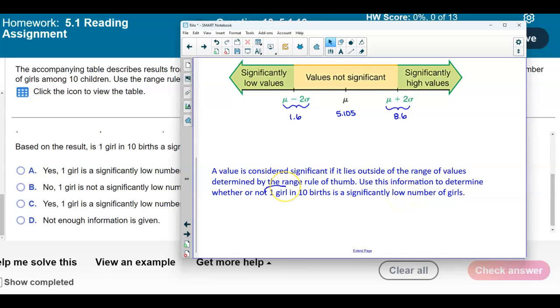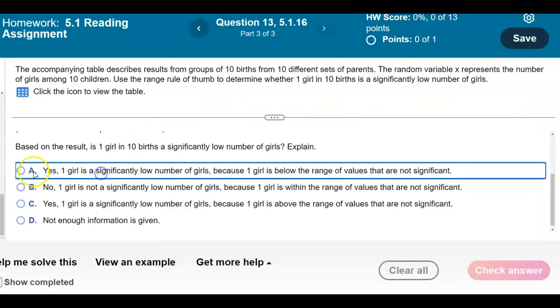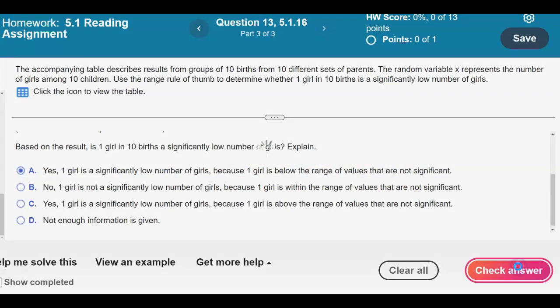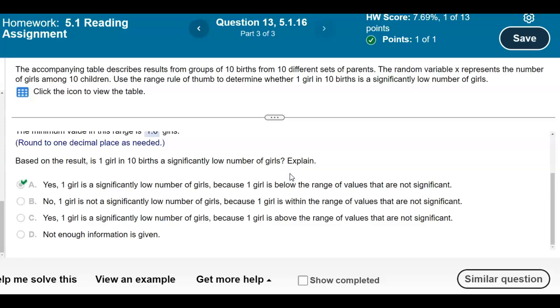Well, this 1 girl is going to be below that value. And so it's below the values that are not significant, and it's below this value here of 1.6, so it's a significantly low value. So we would say, yes, 1 girl is a significantly low number of girls because 1 girl is below the range of values that are not significant. And that is our answer.